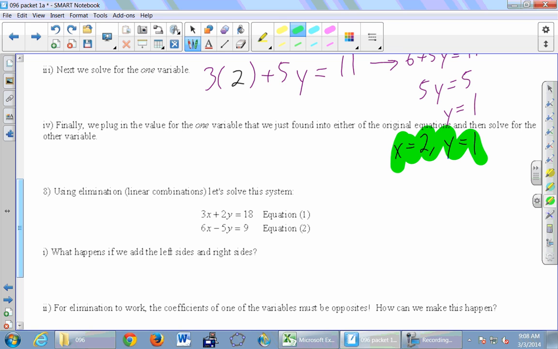Yeah, Brittany? Yeah, so Brittany's headed in the right direction, so we're going to get there in a moment. If we go back to our substitution technique, is it possible to avoid fractions when you solve one equation for one letter?